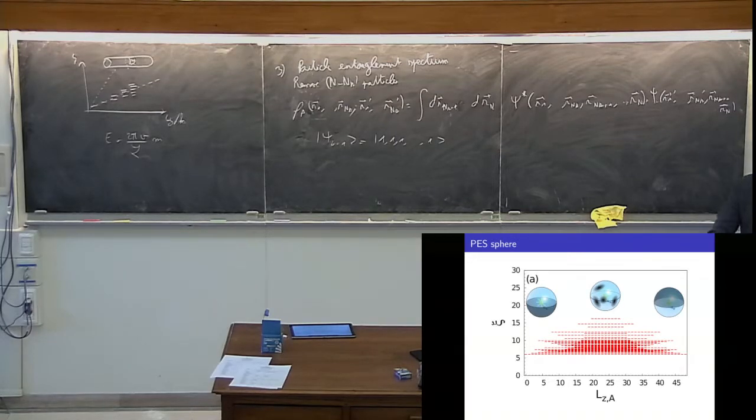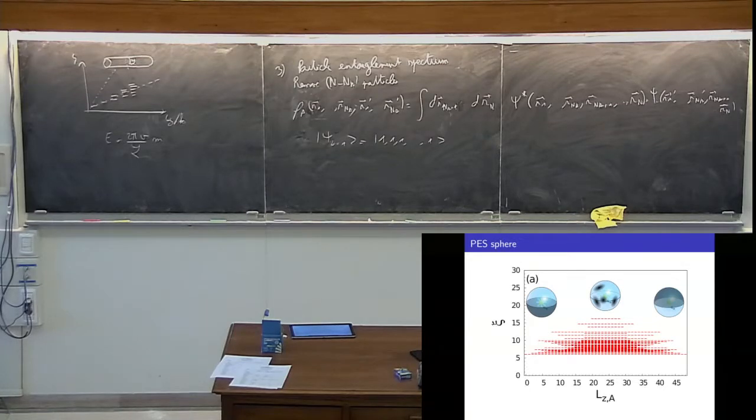Once again, if you pick a given LZ sector and you wonder how many levels you should get a priori if you take a random state, it will be much more than that, exponentially bigger than that. So there is also a massive reduction here.